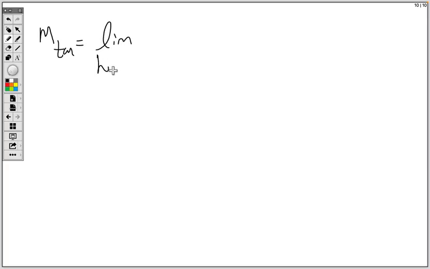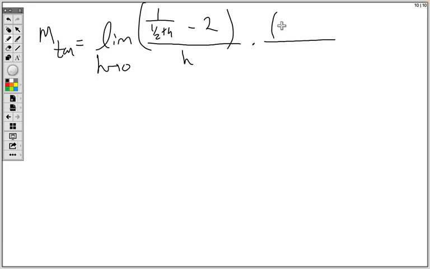We look at the limit as h goes to 0 of 1 over 1/2 plus h minus 2, all divided by h. Once again, if you substitute in h equals 0 directly, you're going to get a 0 over 0. And once again, we have a complex fraction. So what we're going to do to get started is multiply numerator and denominator by the 1/2 plus h.